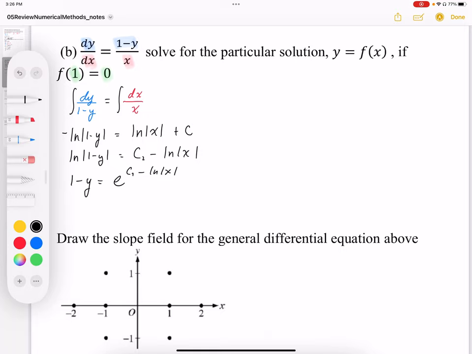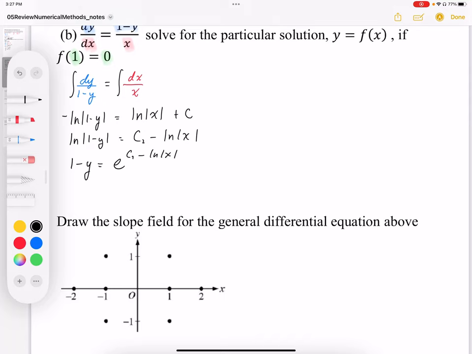Okay, and then I can deal with this as 1 minus y. And again, that c can end up being a multiplier. So we end up with e to the c times e to the negative log x. Since log and e undo each other, I'm going to put that negative in here, and I end up with 1 over x.